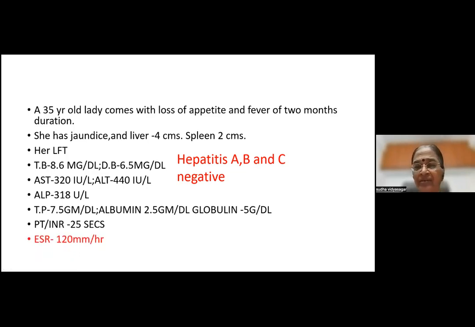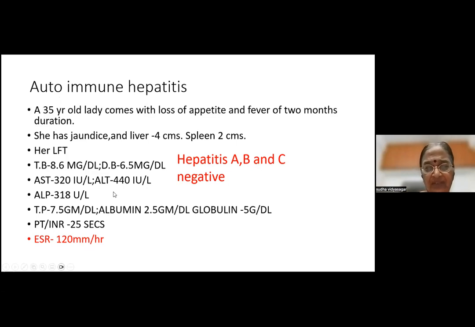There's one clue here. Look at that, the globulin. You got a very high globulin, and if you missed that, then your ESR is a big giveaway. So now the diagnosis is very clear. It's an autoimmune hepatitis. It looks like a hepatitis. You got an AST, ALT which is raised.